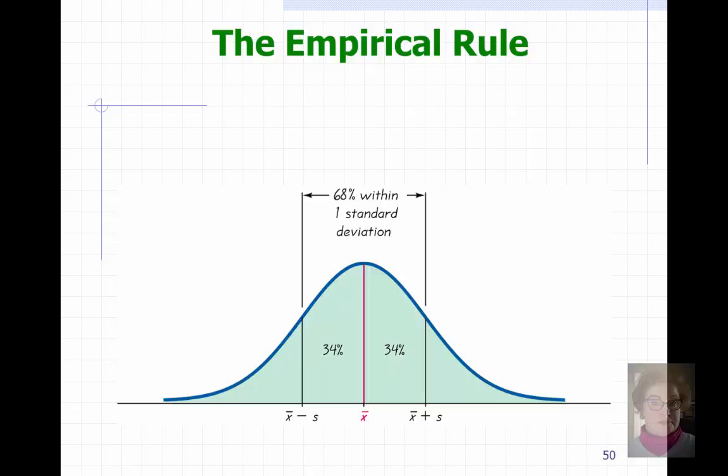IQ is a test to measure intelligence, and IQ is designed to have a mean of 100 and a standard deviation of 15. So what this says is 68% of human beings in the United States have an IQ between 85 and 115. Okay.